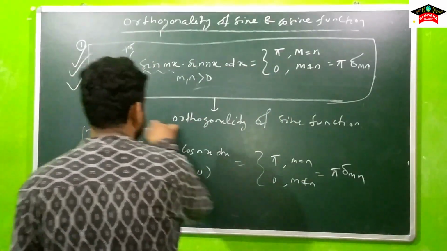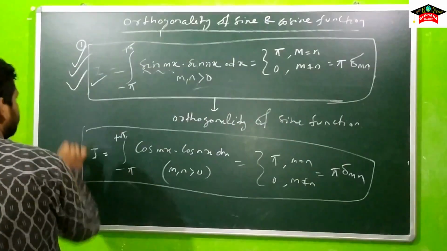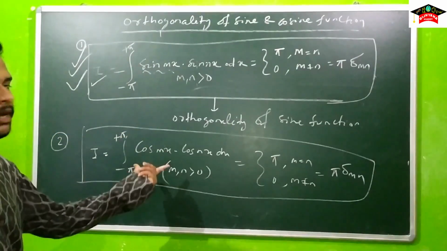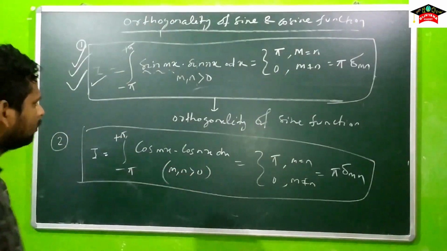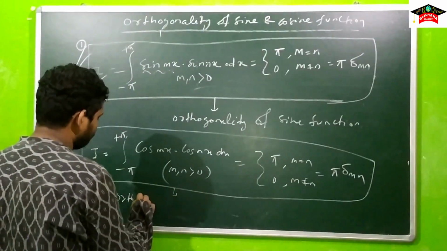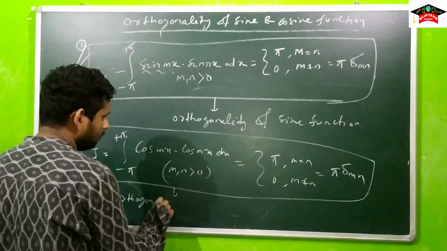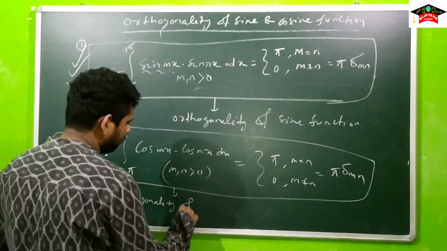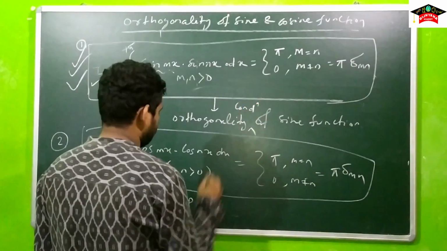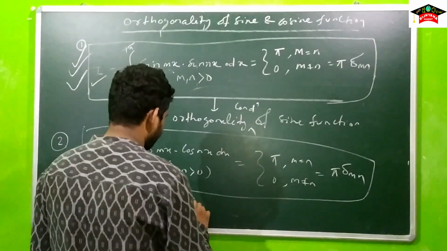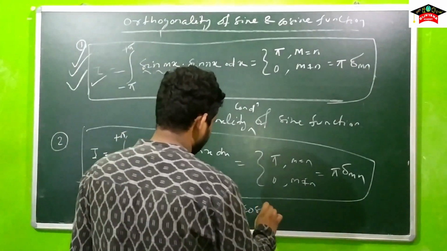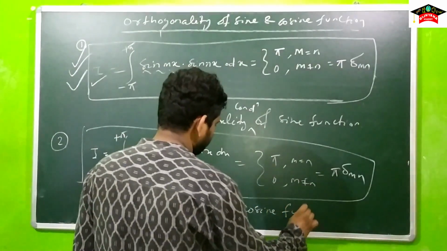So this is another condition. This is condition 2; this is condition 1. This condition is the orthogonality condition for which function? Cosine function. So we can write that this is the orthogonality condition of cosine function.